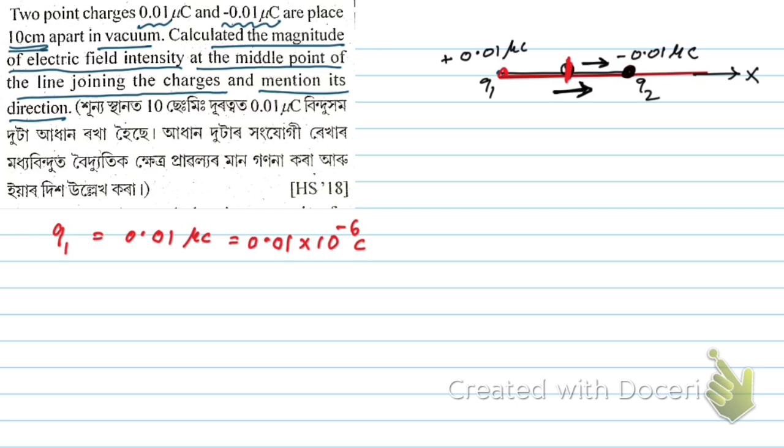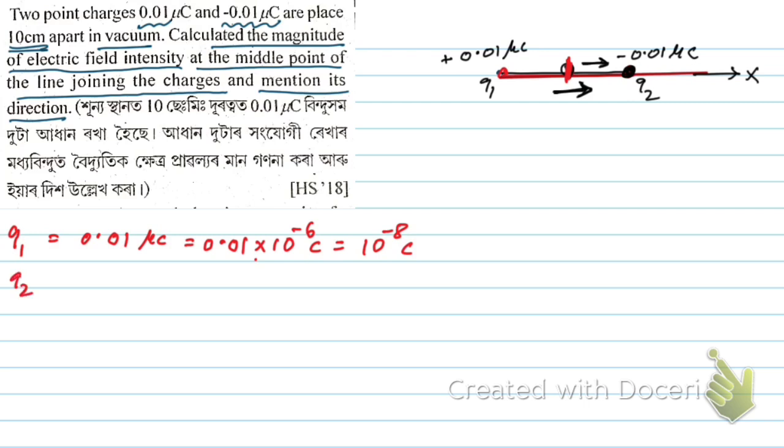If you rearrange it, you can write 10 to the power minus 8 coulomb, or 1 into 10 to the power minus 8 coulomb, same thing. And Q2 is the same, but the sign is negative. That is the only difference; the magnitude of the charge is the same for Q1 and Q2, right?